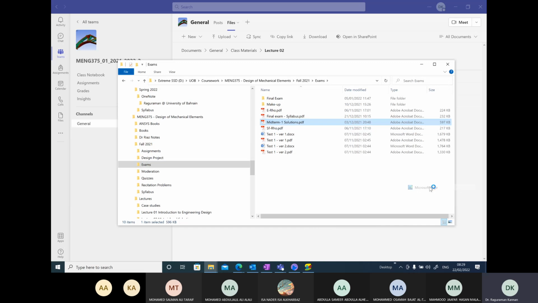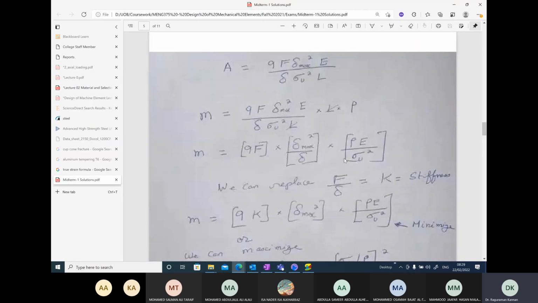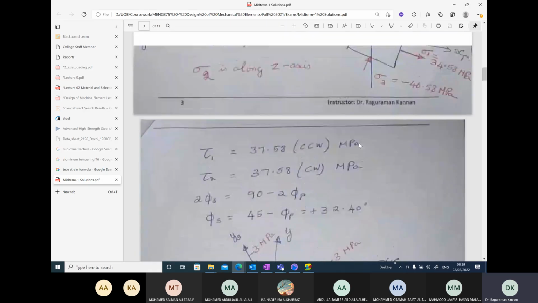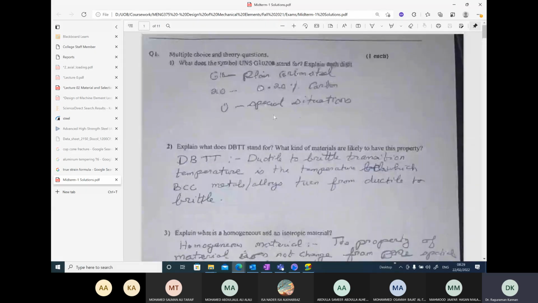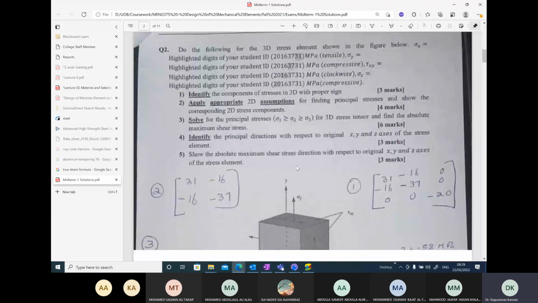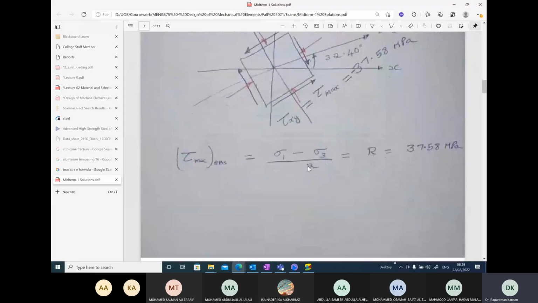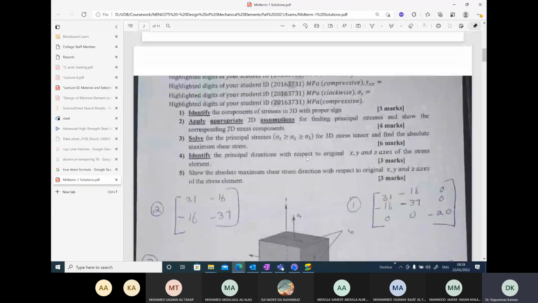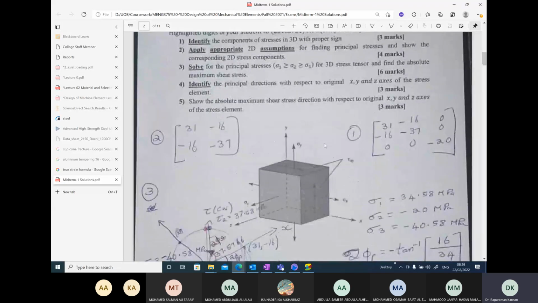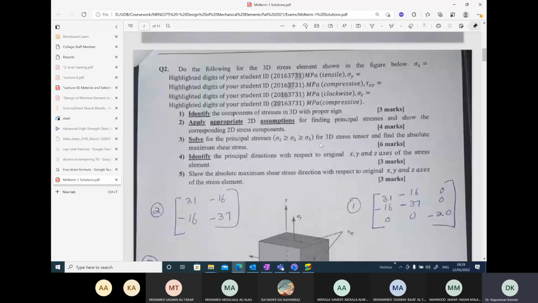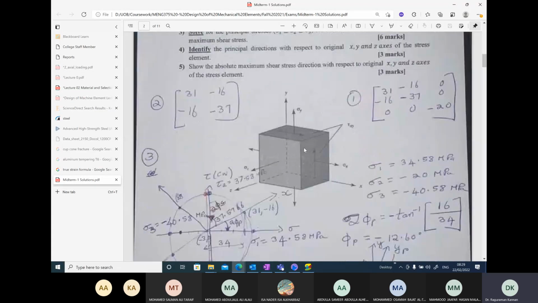I just want to check if I have the right material to be posted. Yes. Okay. So I'm going to post one of the midterm examples here. This is a simple example problem that I have. We will go through these questions later once we cover the chapters properly.